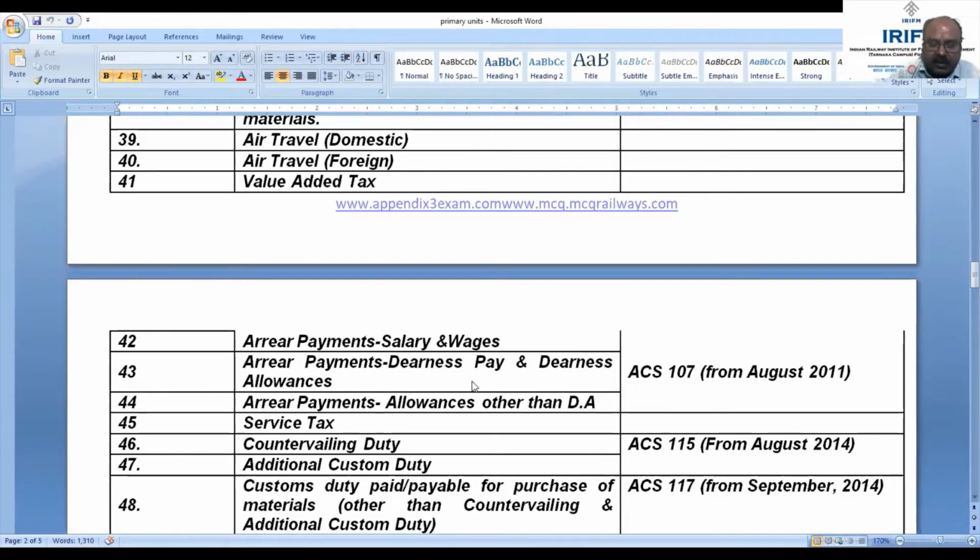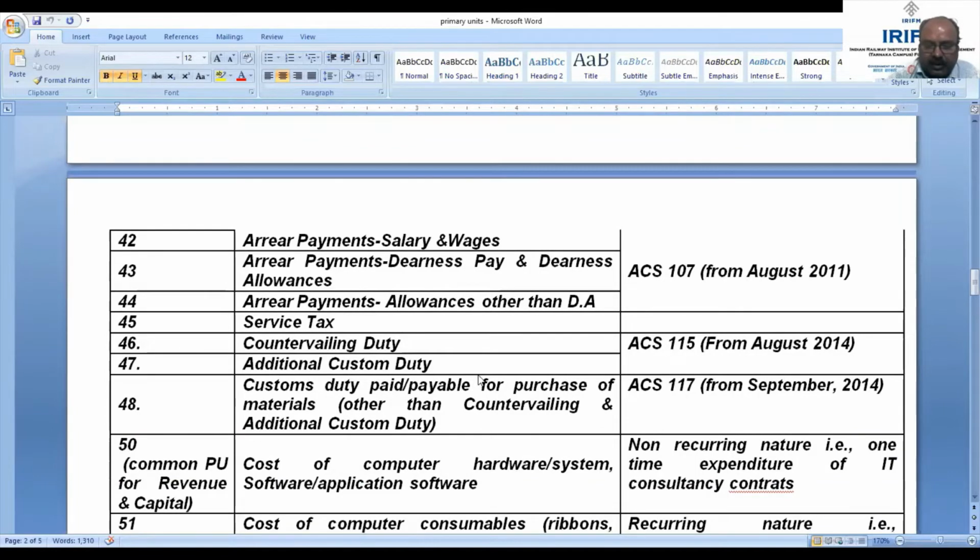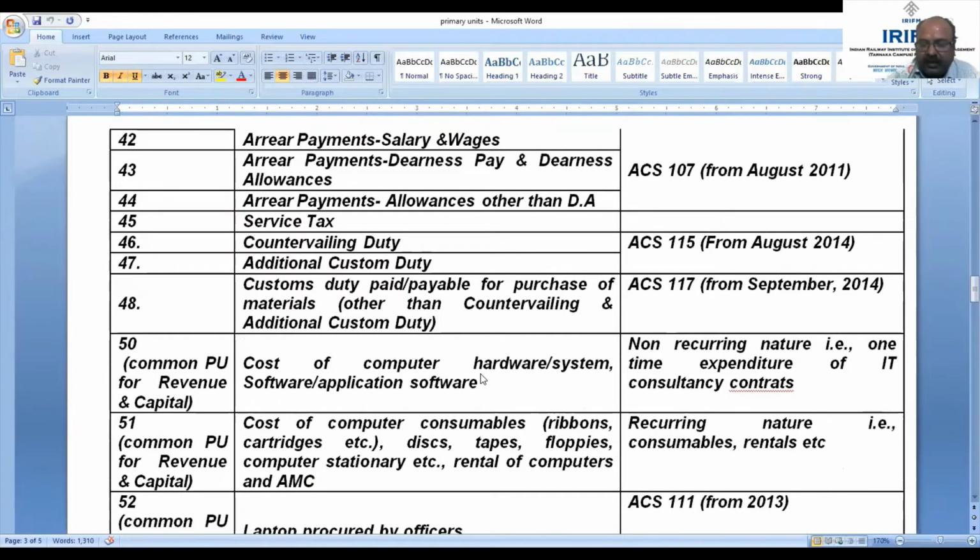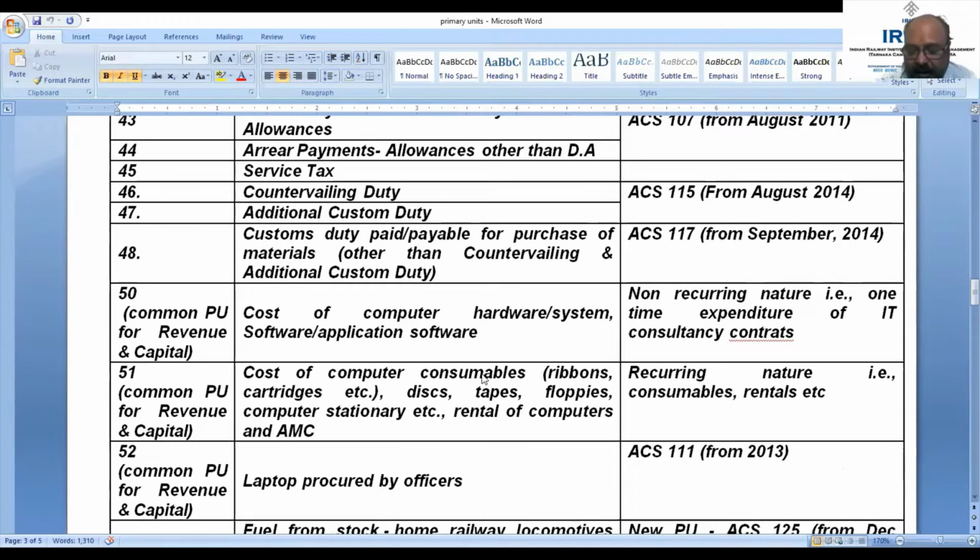Service tax is 45, 46 countervailing duty, 47 additional customs duty. 50 and 51 were also introduced some years back. Like 20 and 25, 50 and 51 are also common for revenue and capital. Both are related to computers.